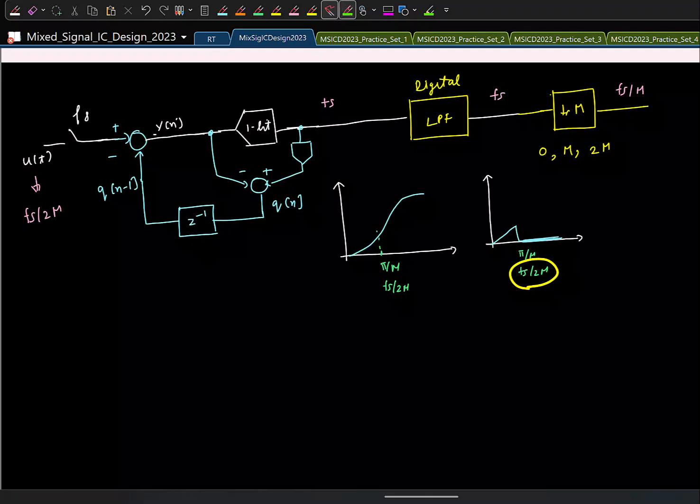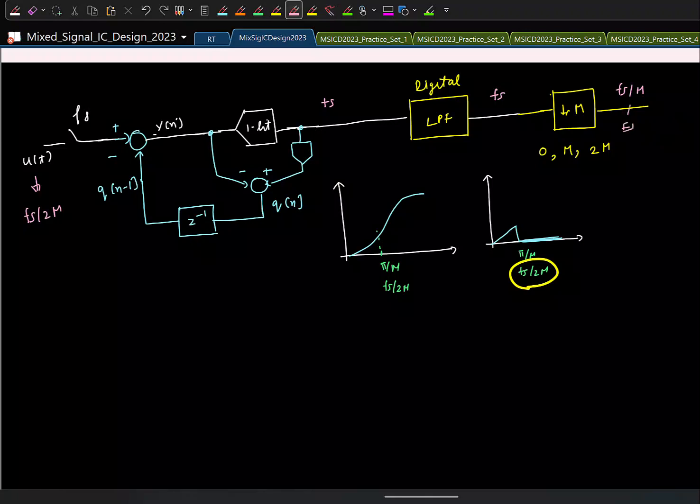So I can choose a large enough value of m so that within my bandwidth I have really small quantization noise, and that quantization noise power corresponds to an effective number of bits of 16. So I am claiming here I can get 16 bits, and we can do it actually.